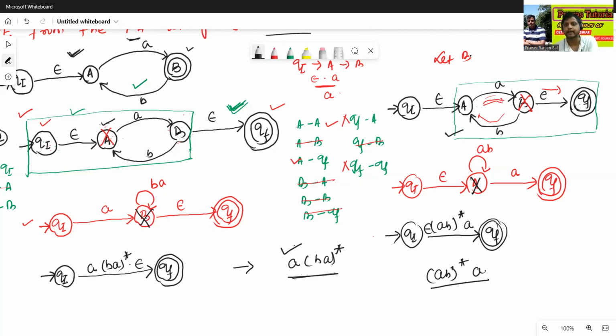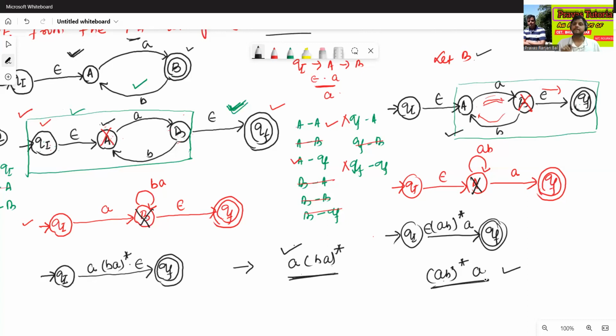In this case, we eliminated B first and got AB whole star A. Both regular expressions are different, but both will generate the same strings.